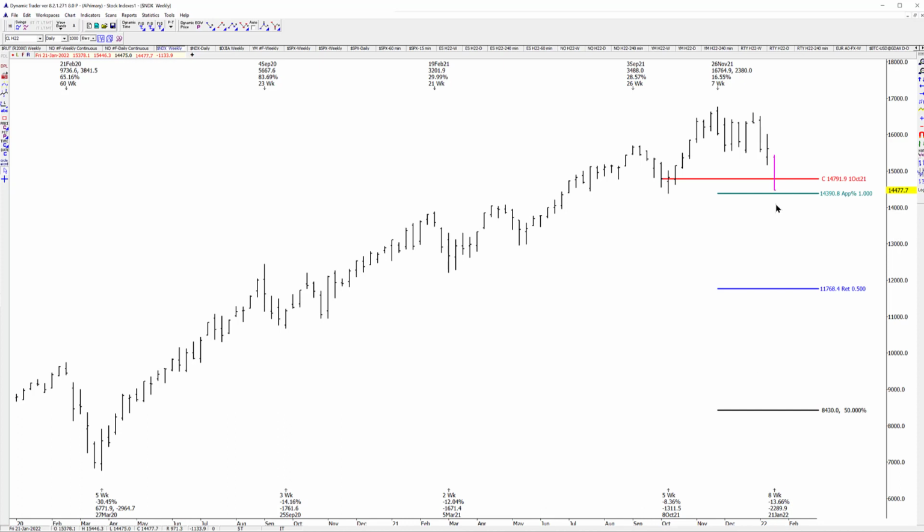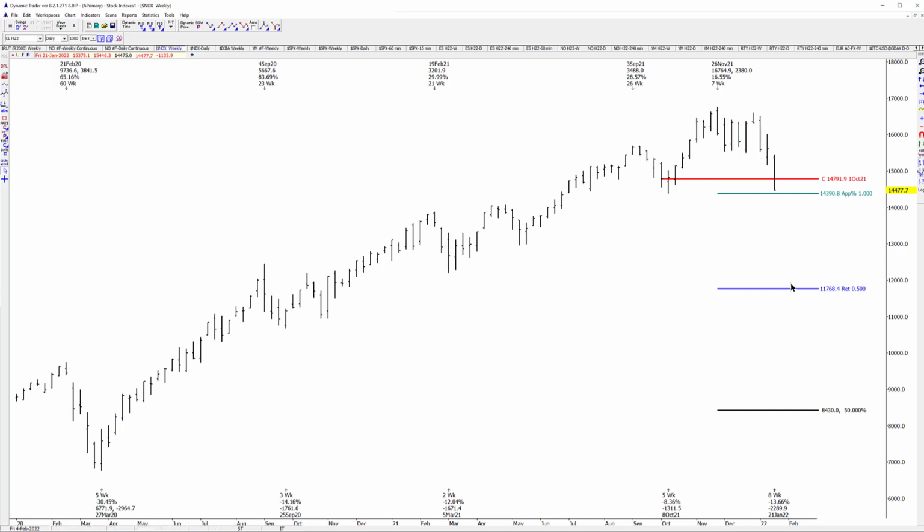This indicates that a higher time frame correction, if not a bear trend, has begun, higher time frame than any of the corrections within the advance from the March low. That means, and this is really important for the longer term, that more than likely, at least in terms of probabilities, the stock indexes, including the Nasdaq, are going to make at least a correction to the entire advance from the March 2020 low.